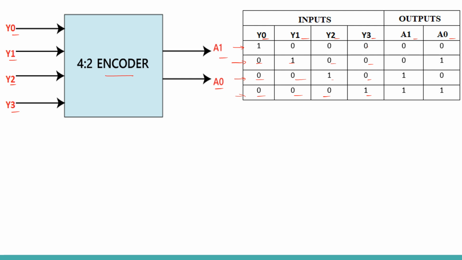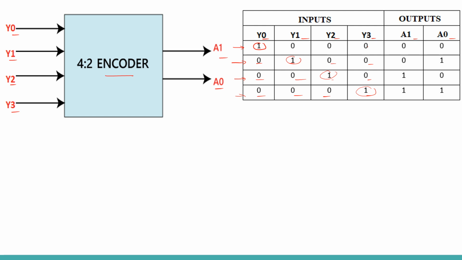By observing all these combinations, at a time only one input is high. In the first one, y0 is high. In the second one, y1 is high. In the next one, y2 is high. In the next one, y3 is high.